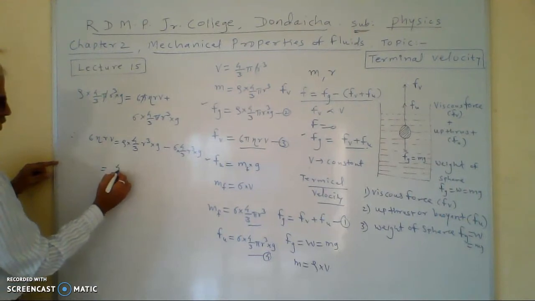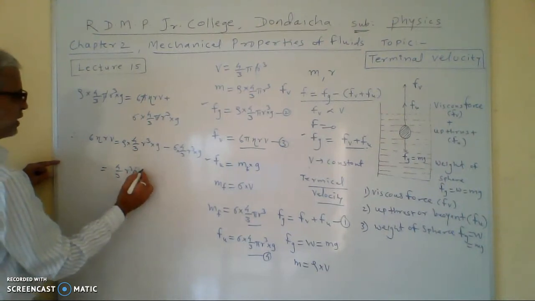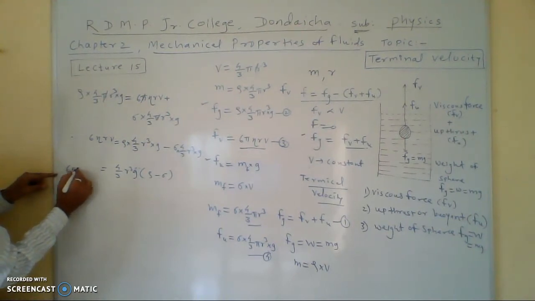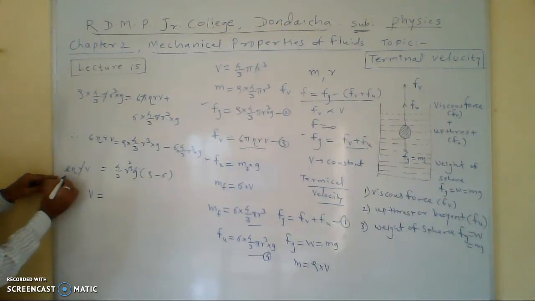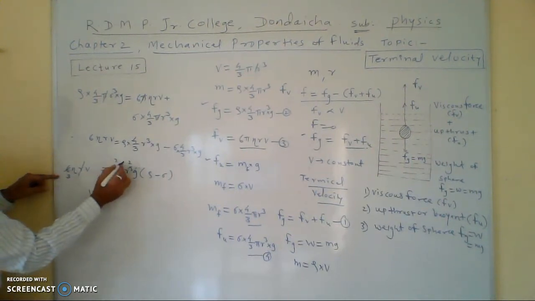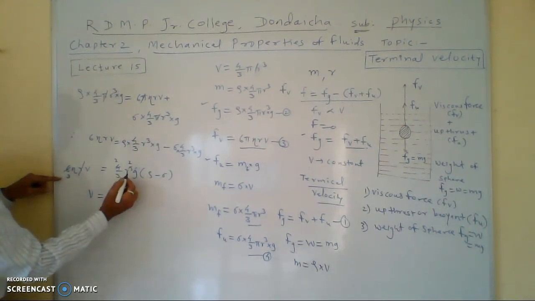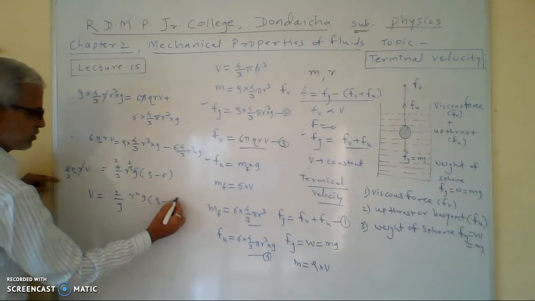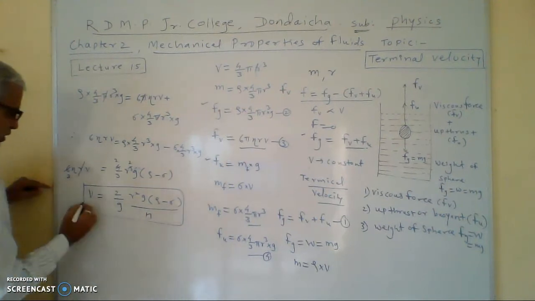Now take this 4 upon 3 r cube into g common, and in the bracket rho minus sigma. So this is 6 eta r into v. Now here this r will get cancelled, and this will be square. So v is equal to, this 6 will become 3 and this will become 2, so v is equal to 2 upon 9 into r square into g into rho minus sigma, divided by eta, and this is the expression for terminal velocity.